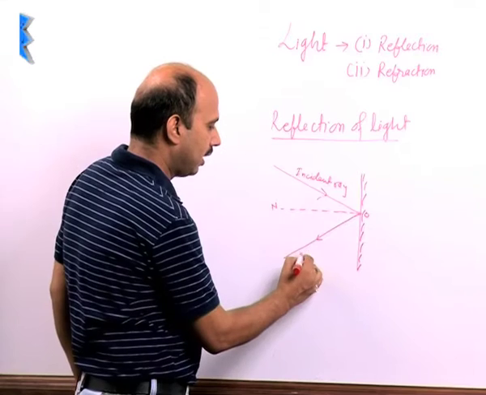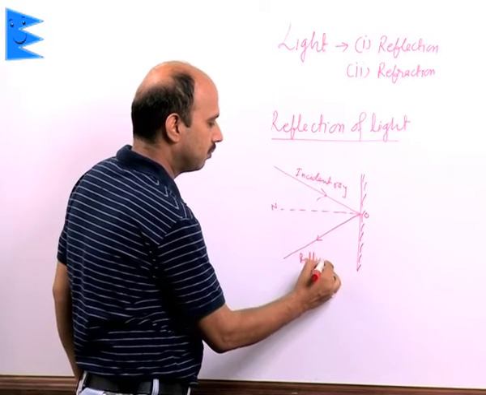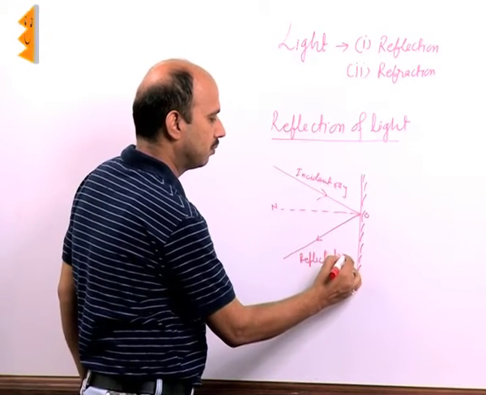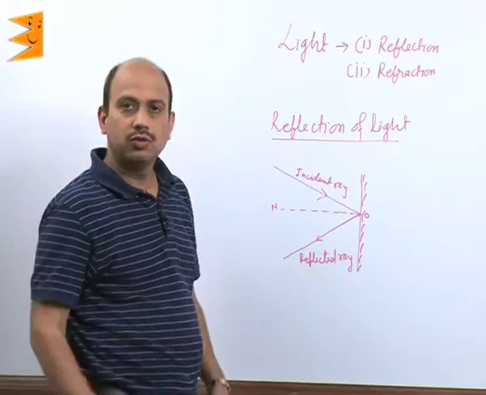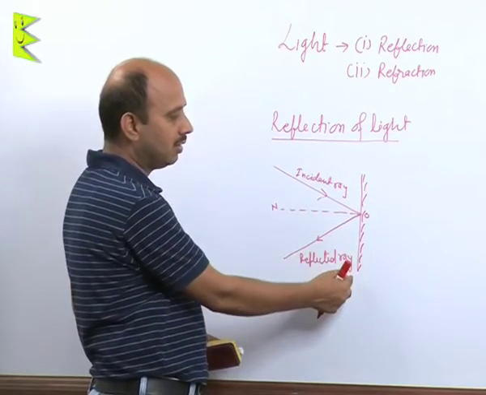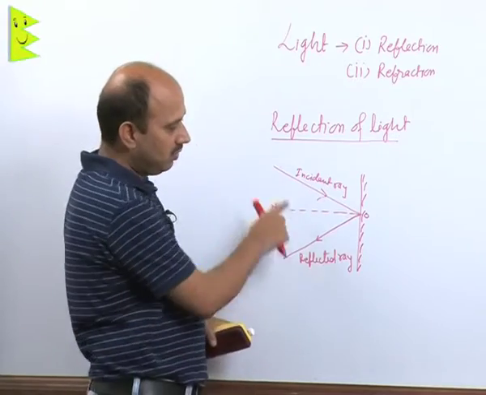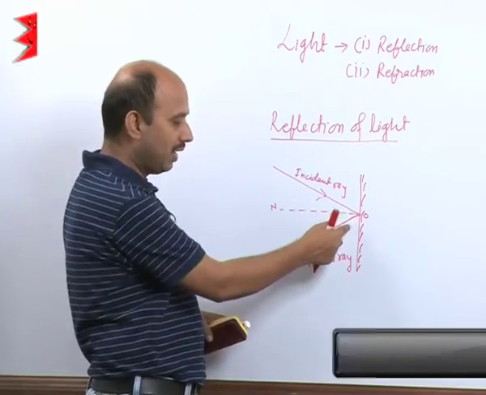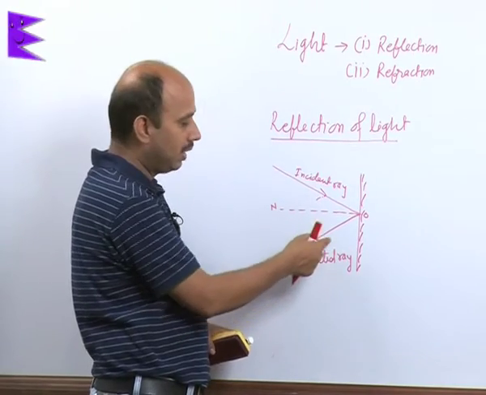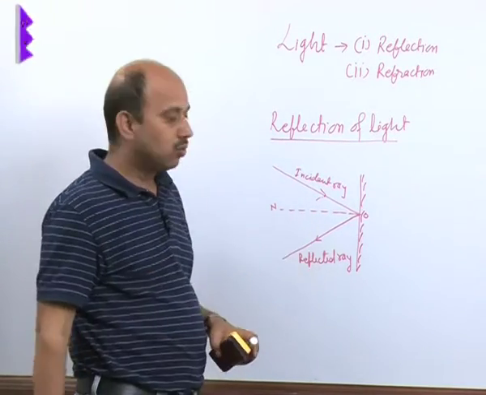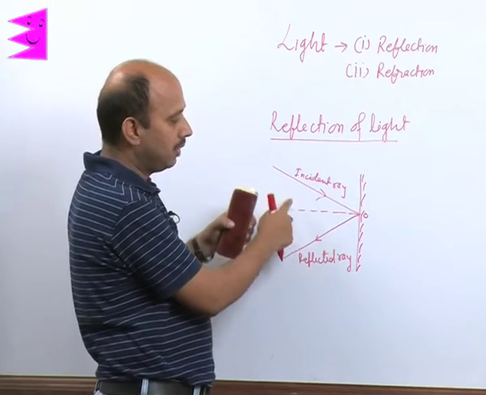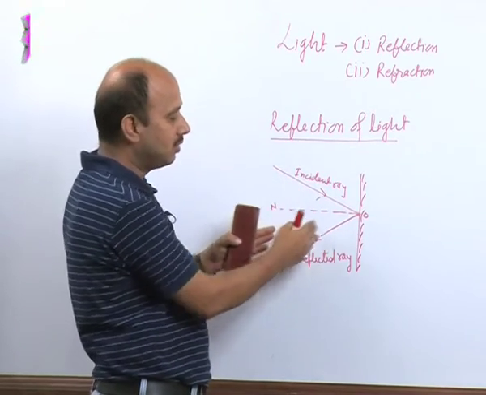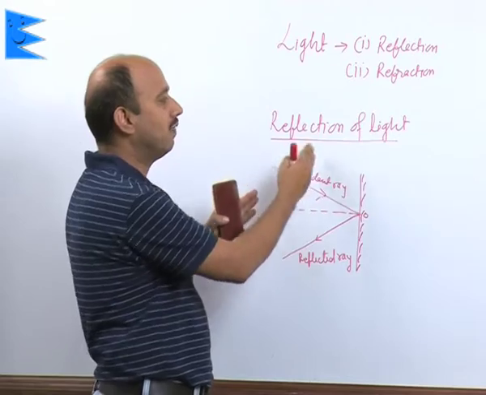This is taken as the reflected ray. So, see, here the mirror is acting as a reflector. This incident light is falling at the point O, getting reflected from the mirror, and we get the reflected ray. This phenomenon of light, simply the bouncing back of light in the same medium, is known as reflection of light.